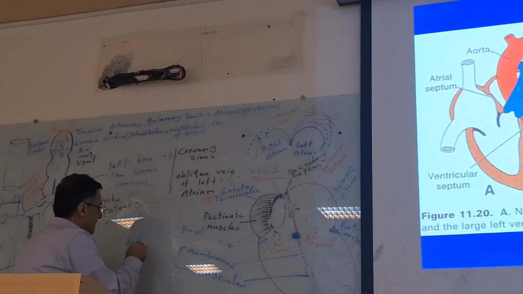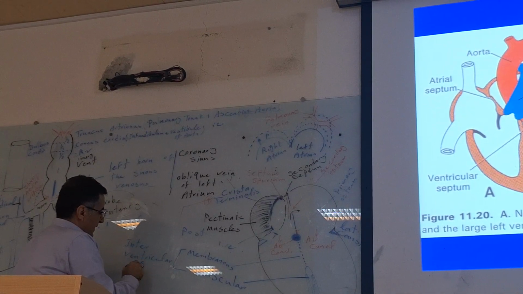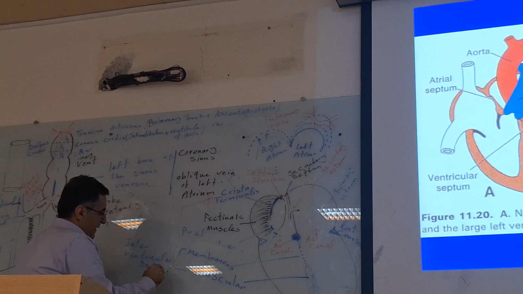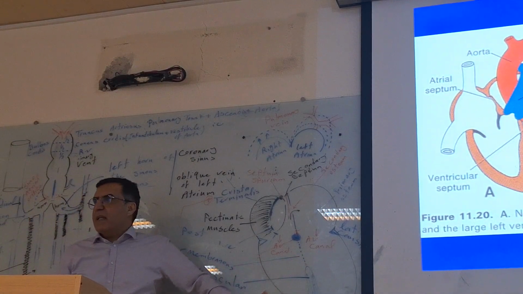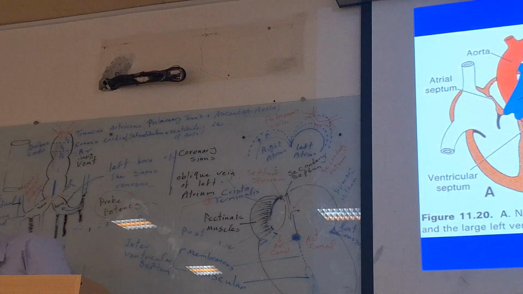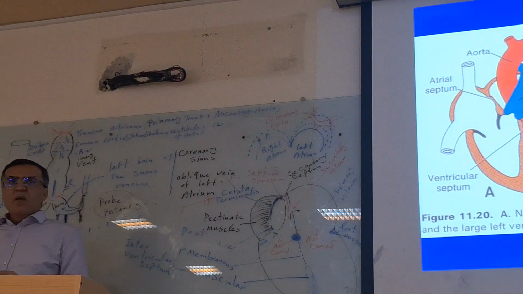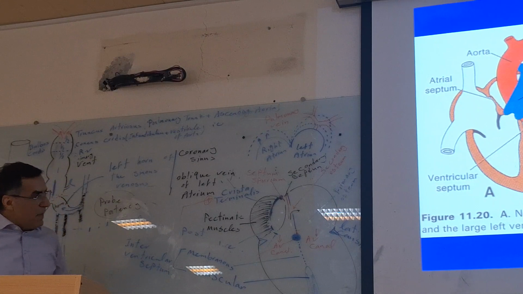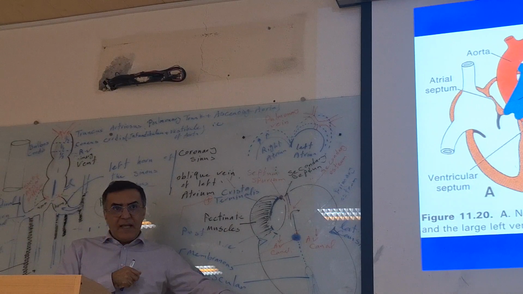Interventricular septum. Okay? In anatomy, we say that the interventricular septum has two parts, one muscular, one membranous. The muscular part formation is easy, has an easy mechanism.